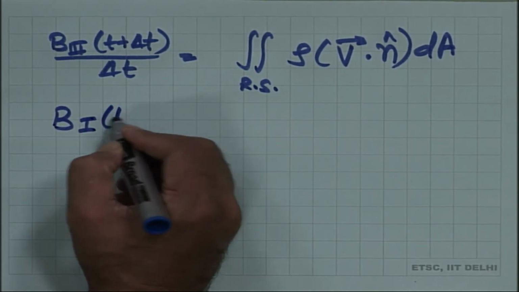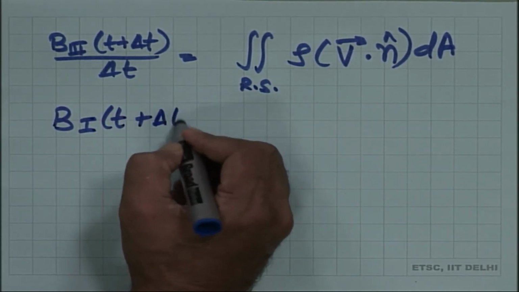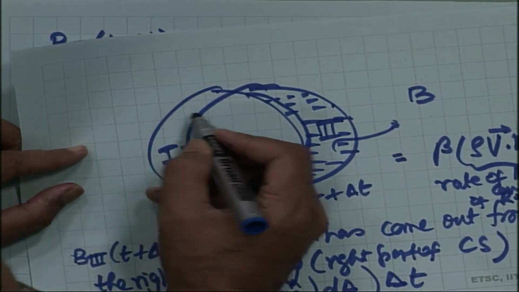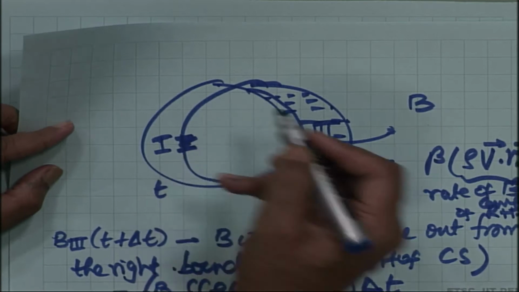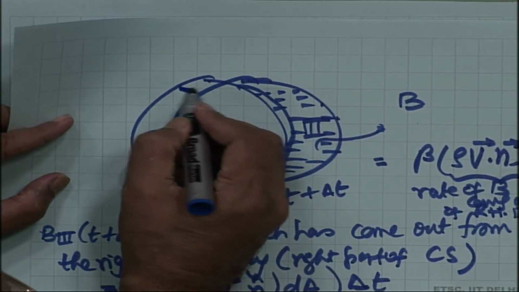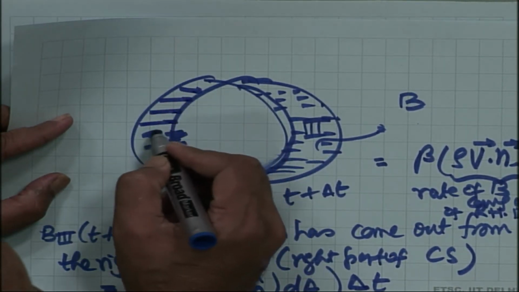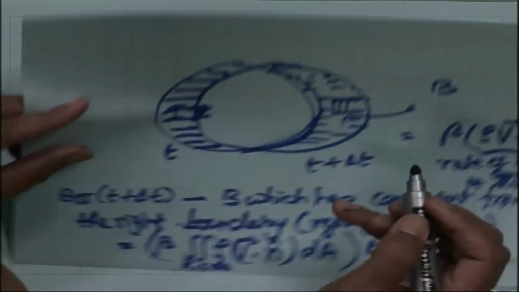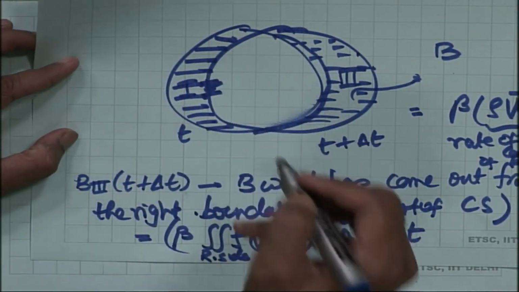Now, when I look at B1 at t plus delta t, B1 at t plus delta t is basically the mass which has come in the region 1.